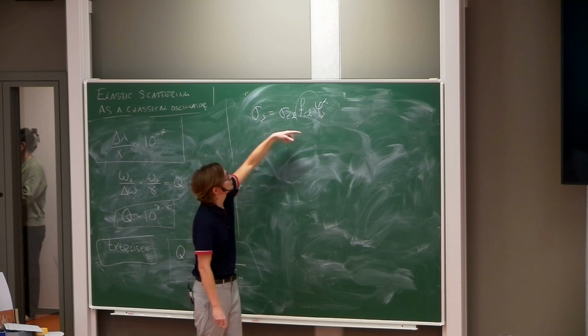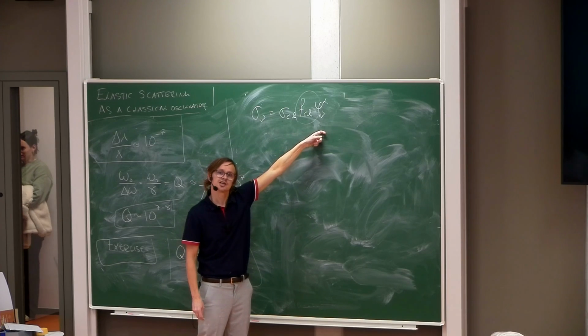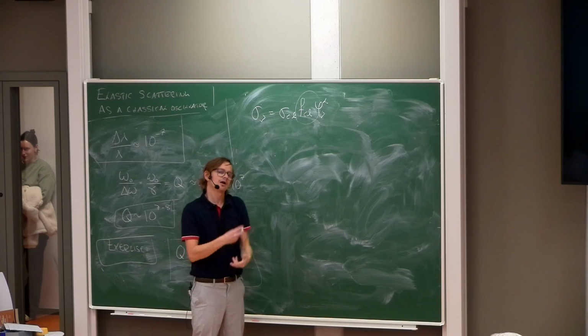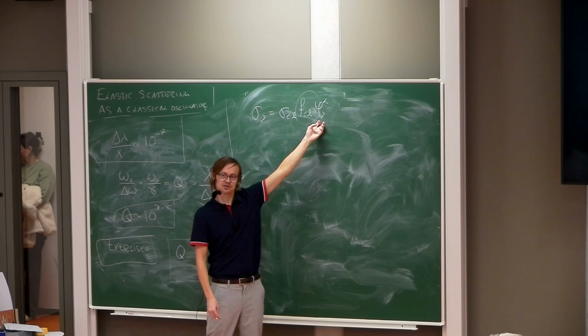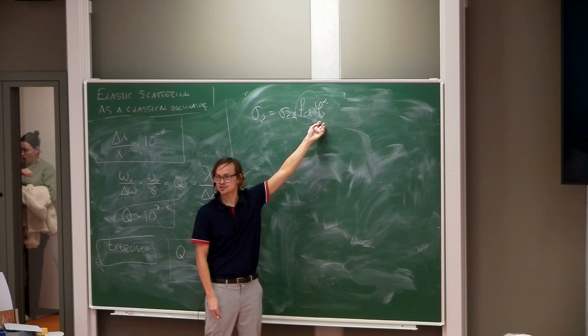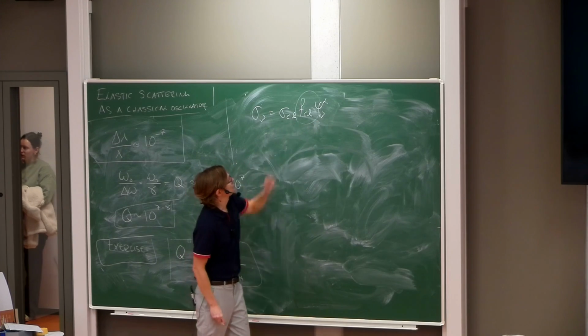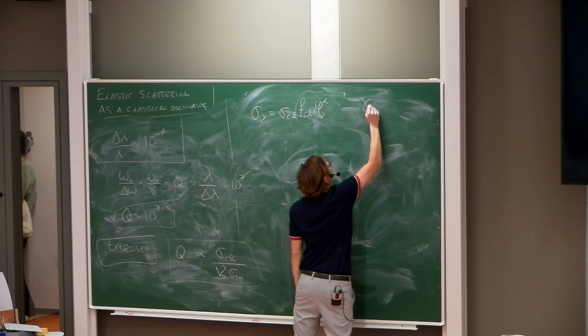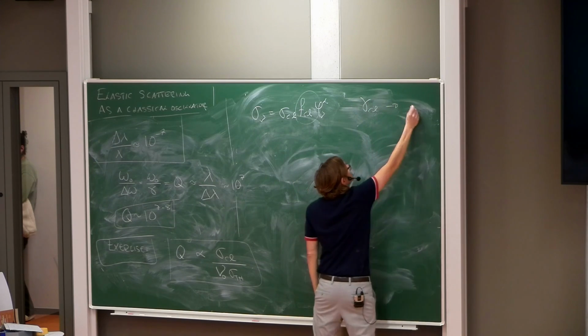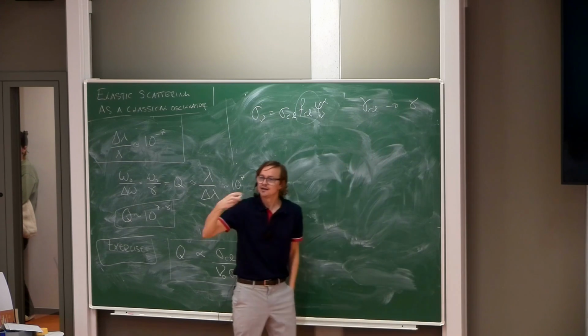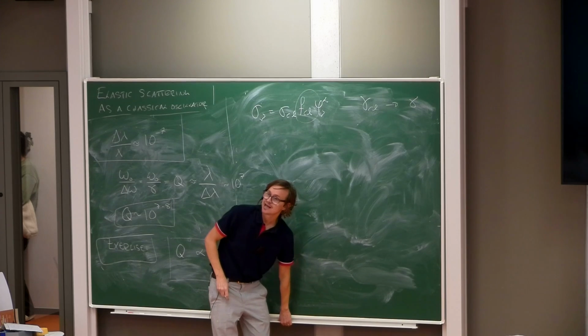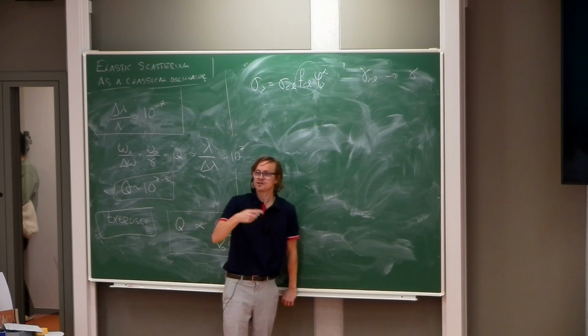And then we can still use the same sort of expression because for a lot of cases the line profile function still comes out to be a Lorentzian. So that's the one modification, and then the classical damping coefficient just goes to a damping coefficient that we have to calculate, and that is specific for different lines.